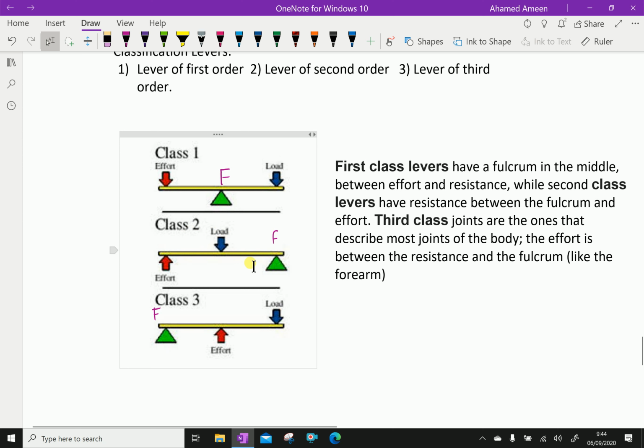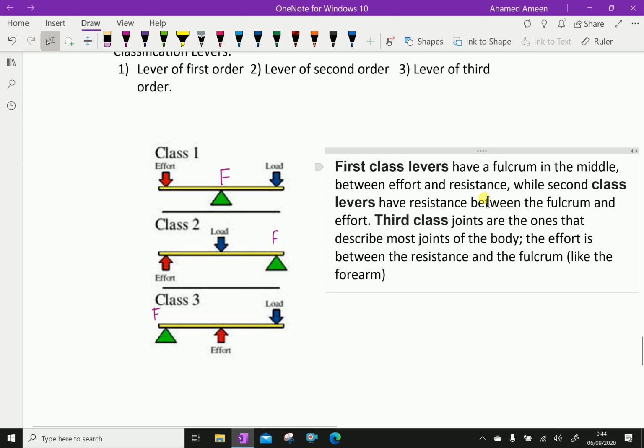In class 2, the fulcrum is at one end, the load is in between, and the effort is at the other end. In class 3, the load is at one end, the fulcrum is at the other, and the effort is in between the fulcrum and load.